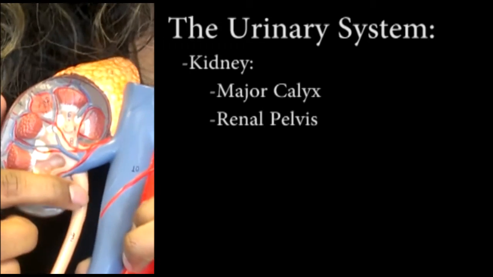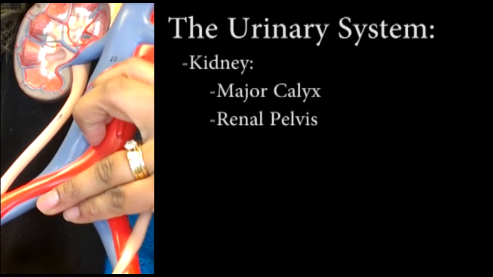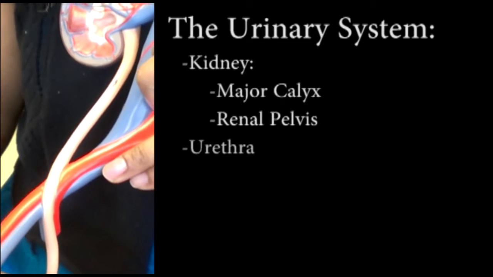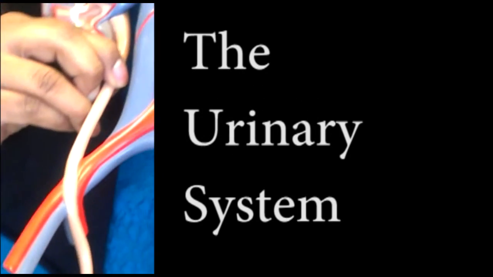The renal pelvis then becomes the ureter. Now, what is our exit from the urinary bladder? Is the urethra. We have one urethra and two ureters.